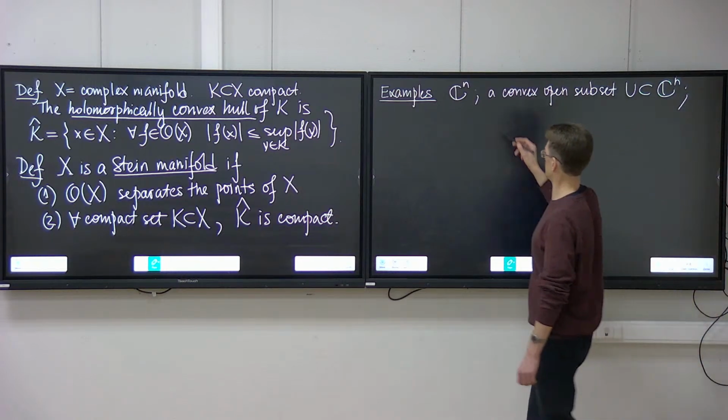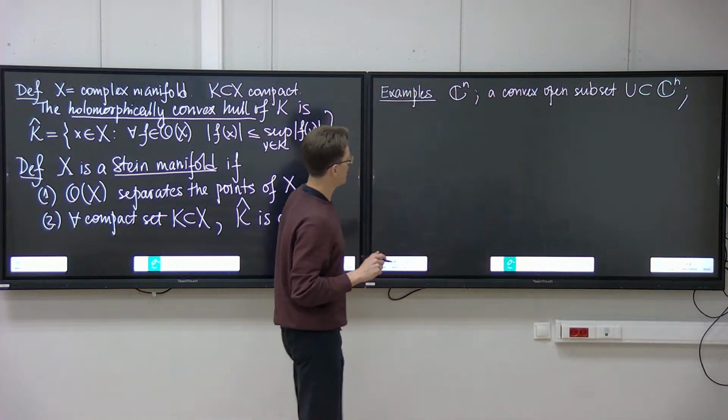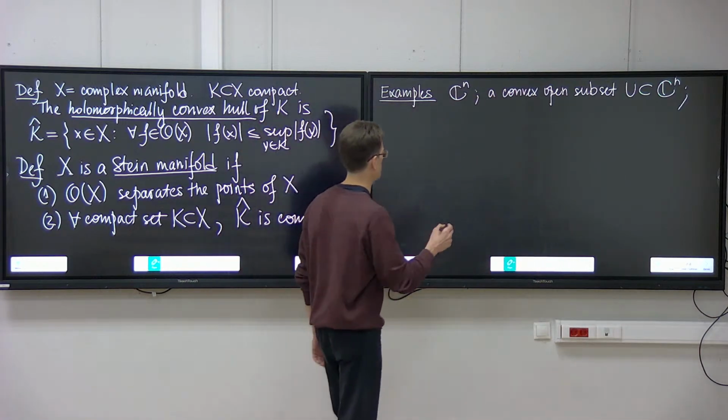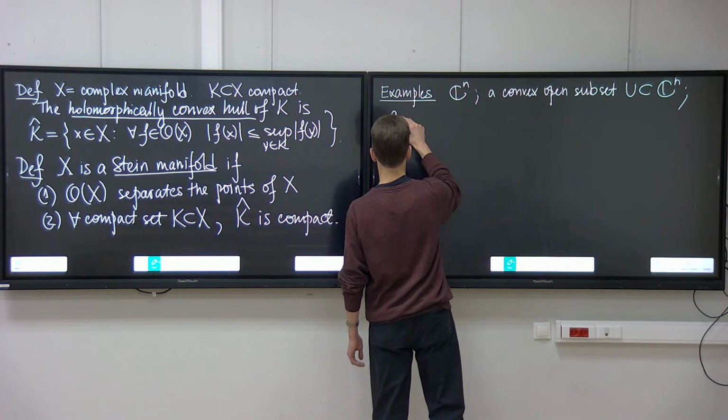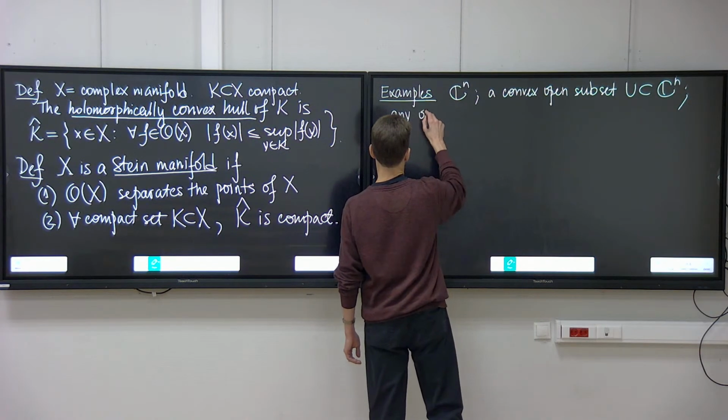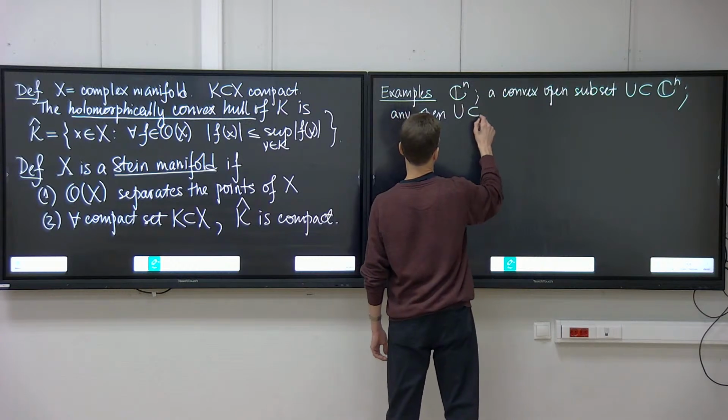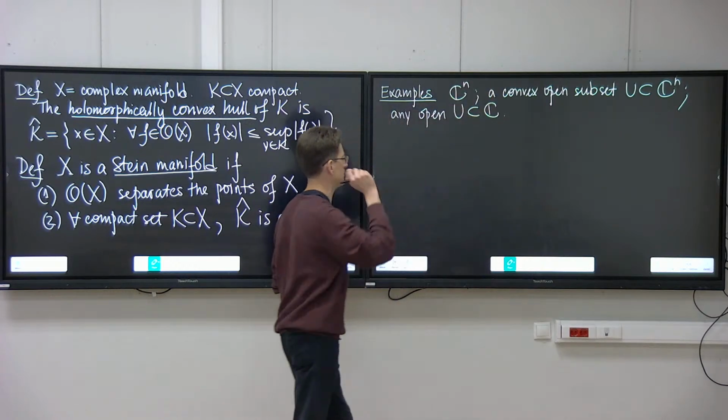This is not very hard. What is a little bit harder is to show that any open set in the complex plane is actually a Stein manifold.